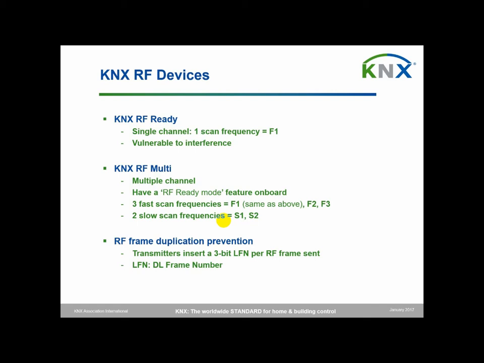If, however, the device is used as a push button, as in the example given, then rather fast scan frequencies will be used, because in that context we expect fast reactions from the device. Of course, the difference between slow and fast is the use of energy, the use of the battery, right? So that's an important aspect.